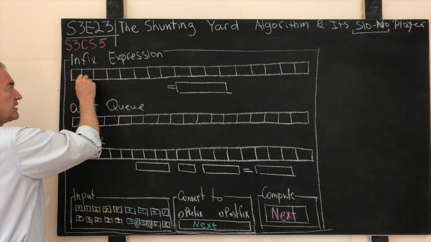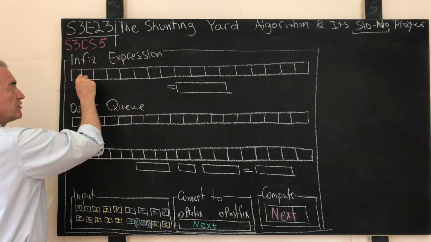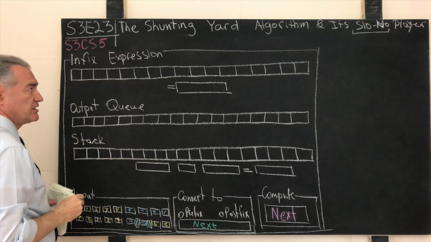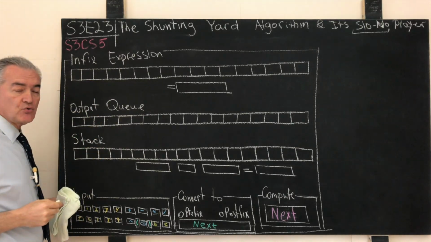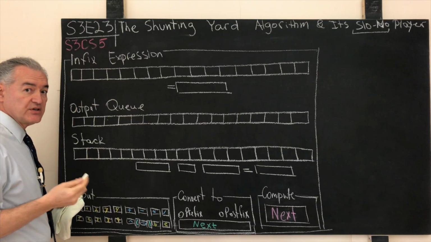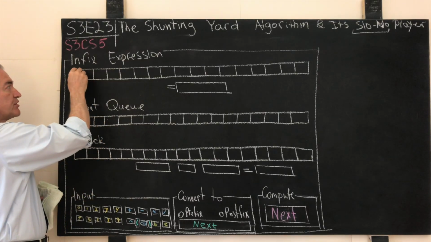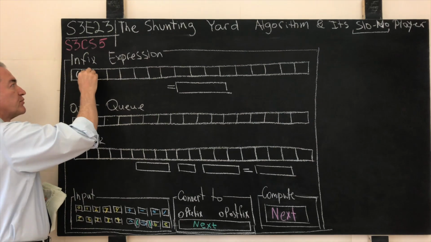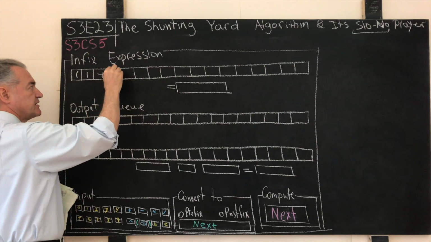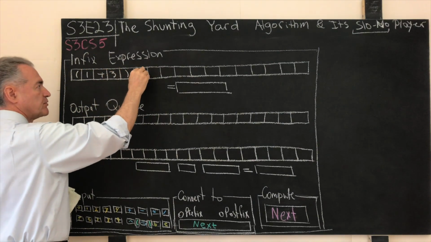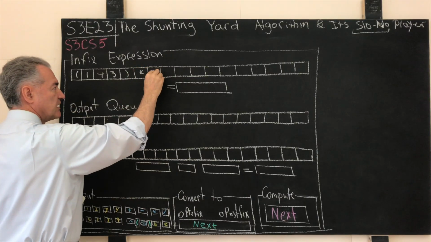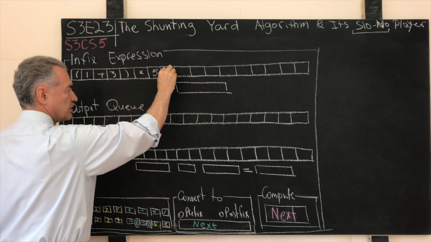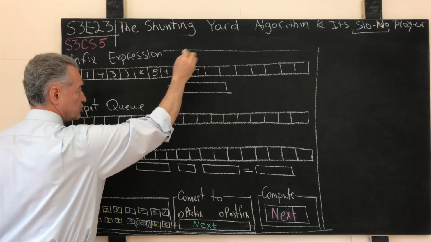My idea is the following. On top, I created the visual representation of the input queue. This is where we enter the expression in the infix form. For example, our proverbial open paren 1 plus 3 close paren times 5 plus 17 and so on.